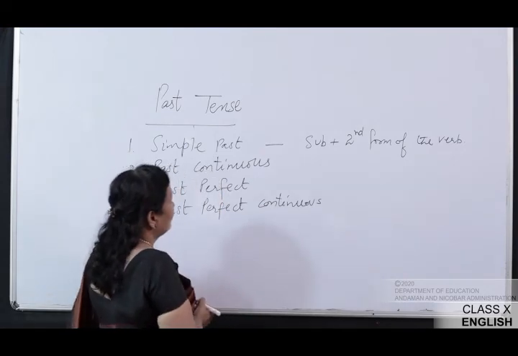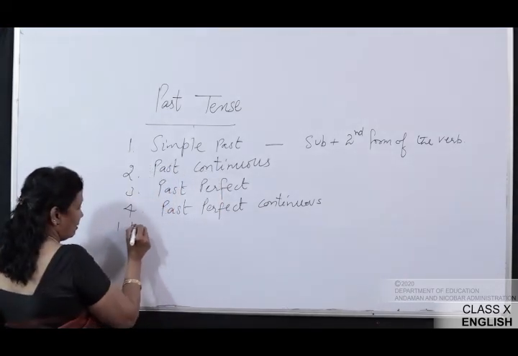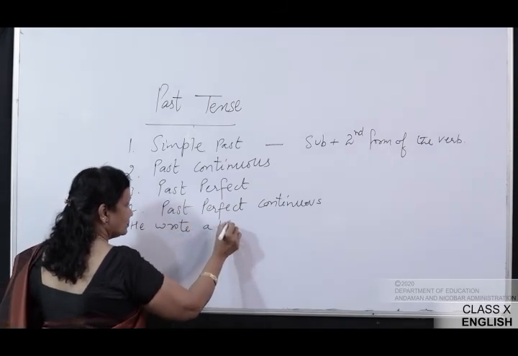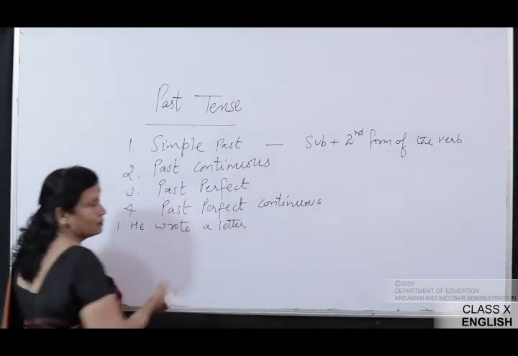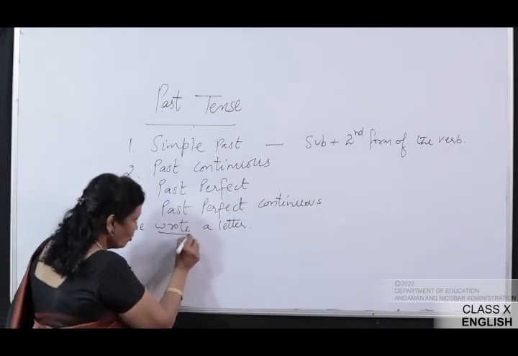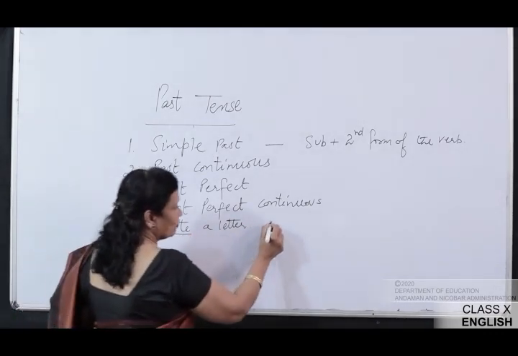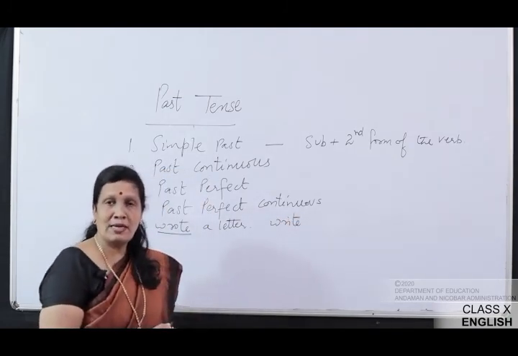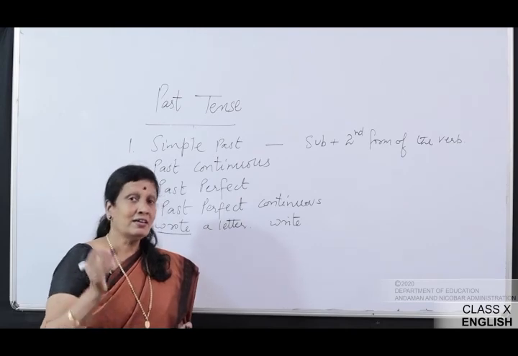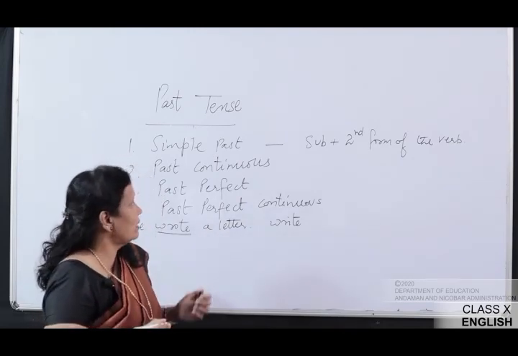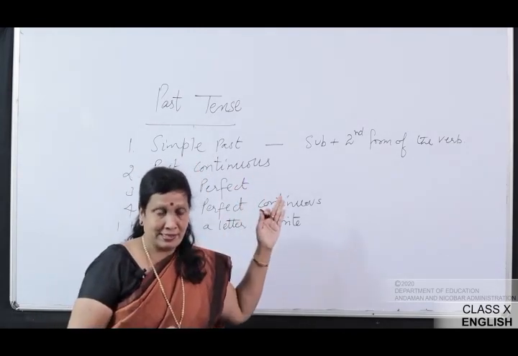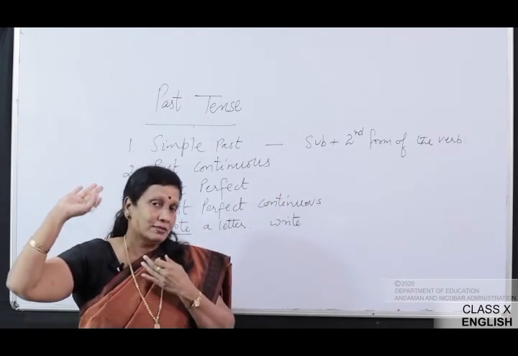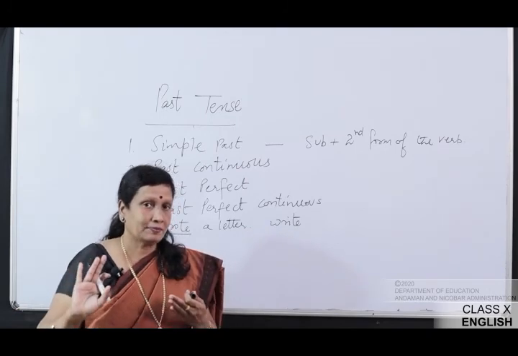For example, he wrote a letter. So here wrote is the second form of the verb write. The 3 forms would be write, wrote and written. So when we are talking of the simple past tense, that means an action that has happened in the past.